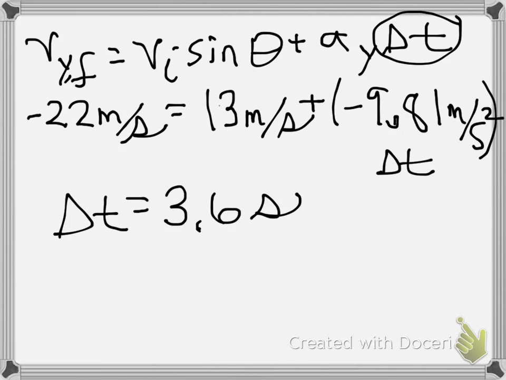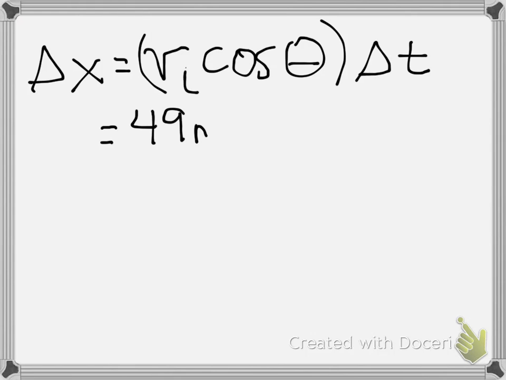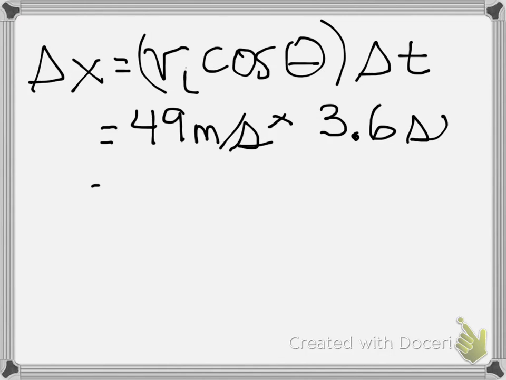Now I have everything I need to figure out my delta x, to use this equation. Again, Vi cosine of theta was the 49 meters per second times the 3.6 seconds gives me 170 meters.